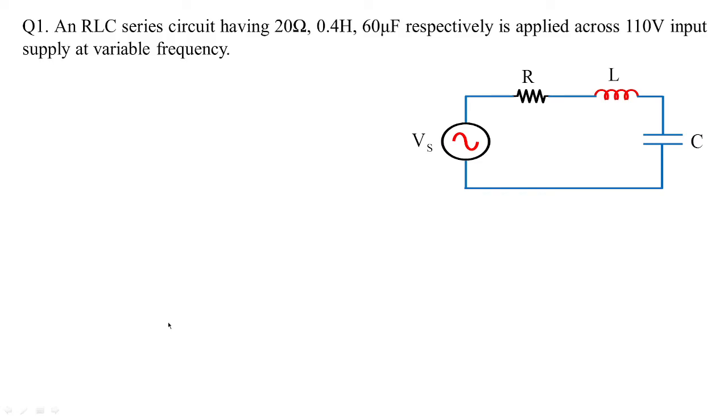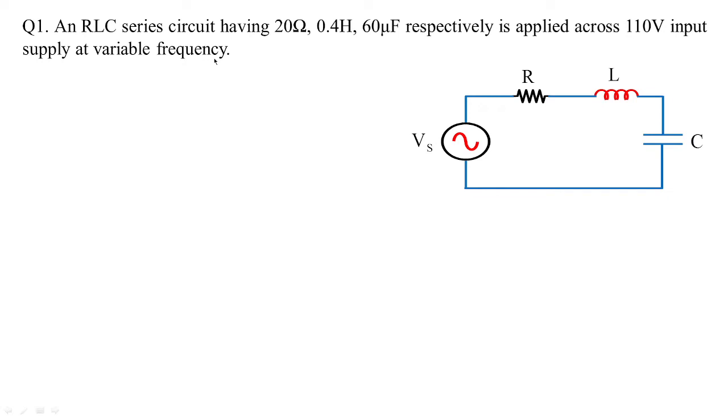So when this is connected in this fashion, that is a series circuit having 20 ohm resistance, 0.4 henries of inductance, 60 microfarads of capacitance, all in series applied to 110 volts of input supply at a variable frequency.